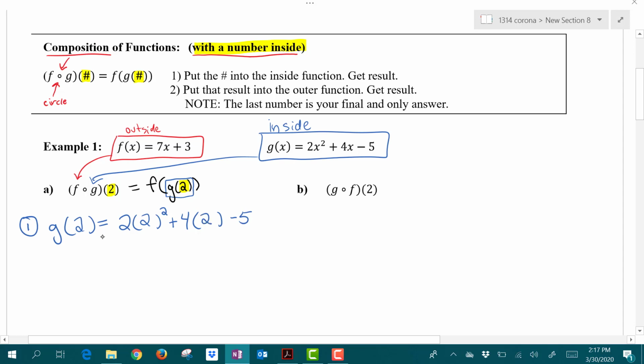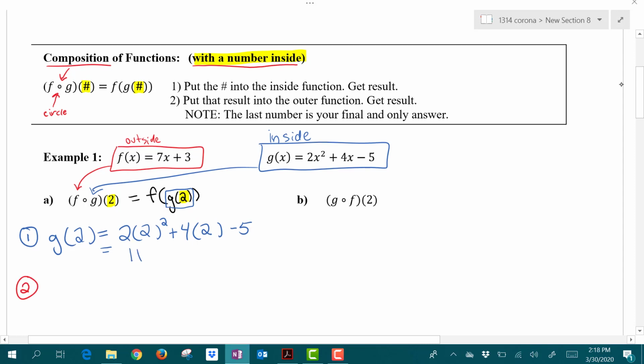We're going to simplify that using a calculator. You can also use order of operations, but I'm going to ask you just to throw all of that into the calculator that we have used all semester.